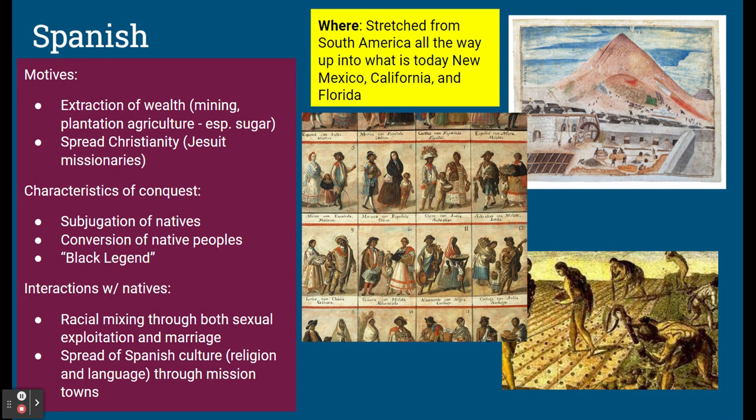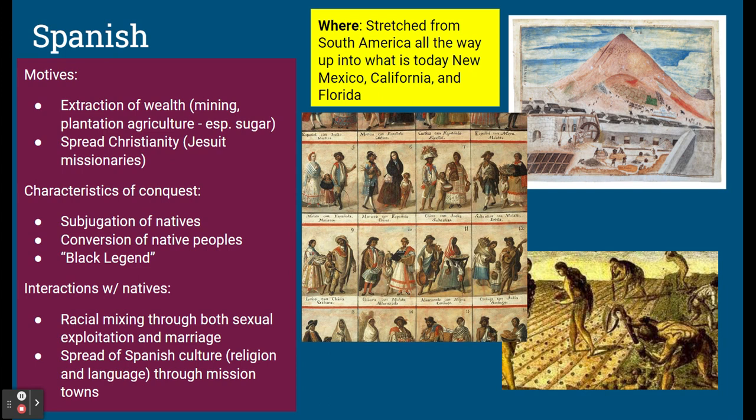So the characteristics of conquest were very much shaped by this desire to extract wealth because it focused on the subjugation of the natives as a laboring inferior people. As I talked about in the last video, native peoples who did not die from disease were often forced into mission towns and into the encomienda system, in which they were forced to labor on plantations as slaves.